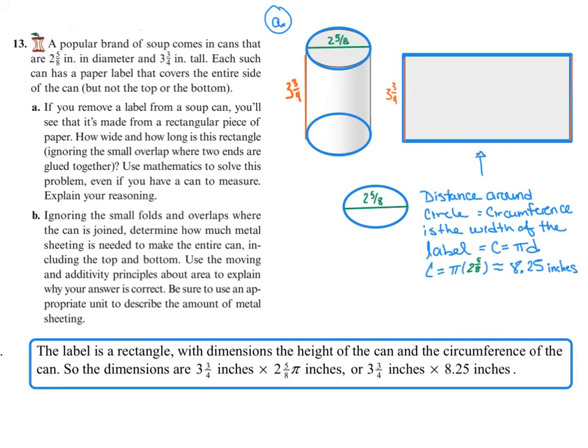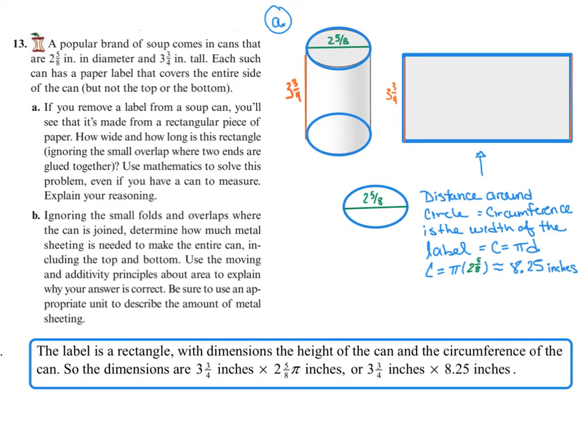Now, if you envision this rectangle wrapped around the cylinder, the part around unravels to be this blue part. So the blue around the edge of the top becomes this dimension here. Since the distance around a circle is called circumference, this distance here would be the circumference of our circle.